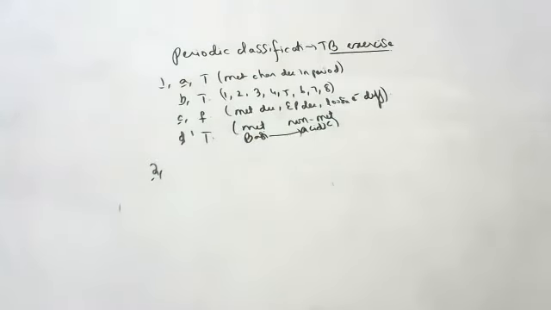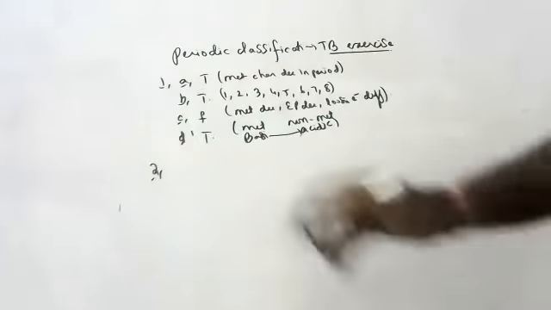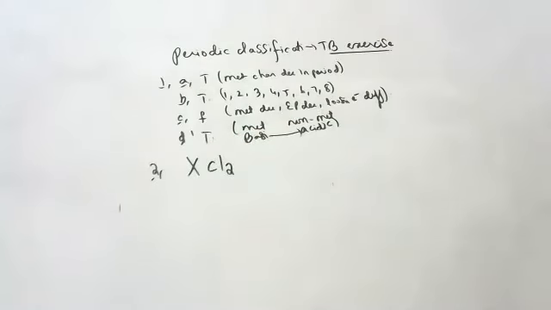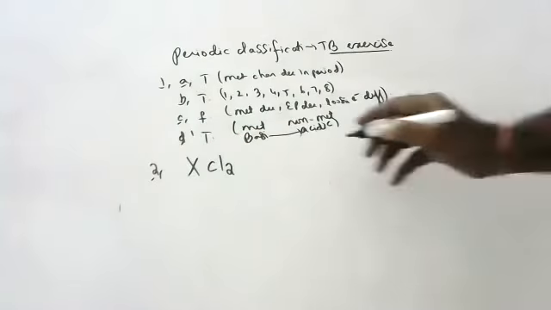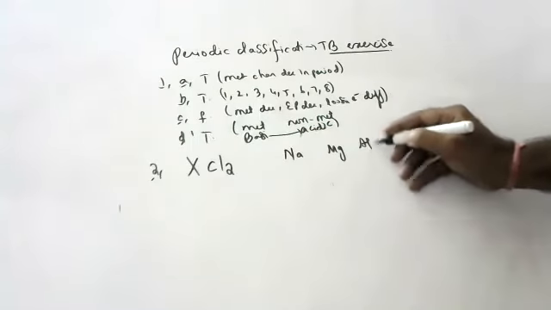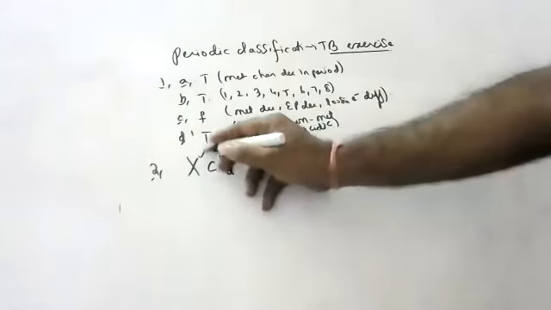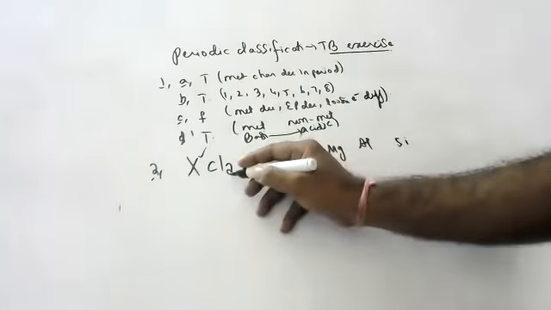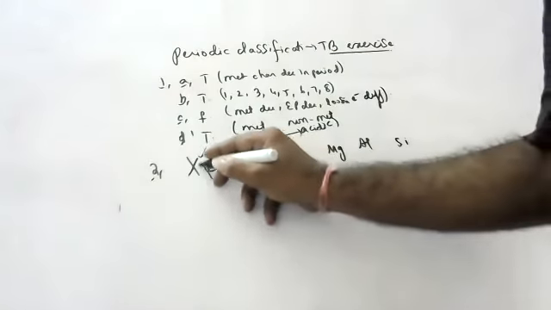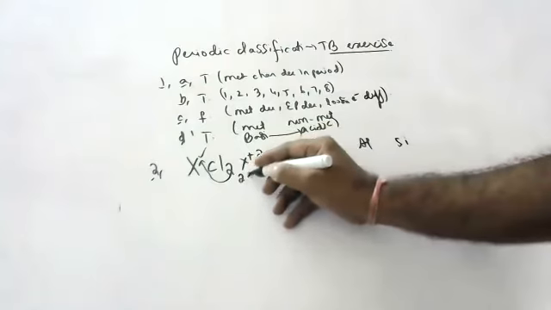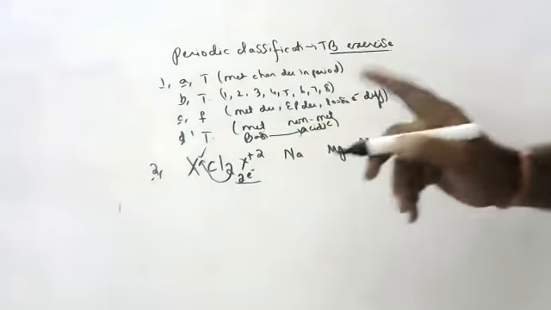Be careful, children. Element X forms chloride with the formula XCl2. They have given four elements: sodium, magnesium, aluminium, silicon. X resembles which element? Magnesium. X is plus 2, which means it gives 2 electrons.